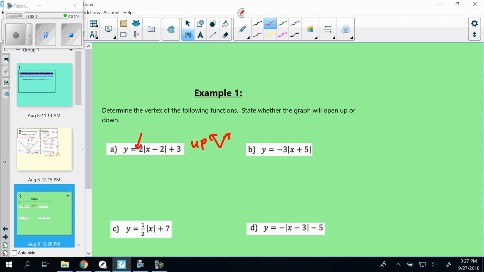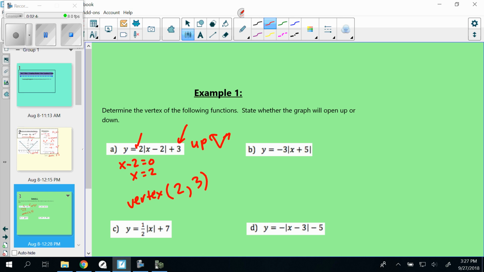Now let's figure out where the vertex is going to be. So the vertex comes from here. Set this equal to 0 and see what you get for x. So if you go x minus 2 equals 0, the x coordinate is going to be 2. So the vertex on this one is going to be 2, and then whatever this number is is your y. (2, 3) is the vertex.